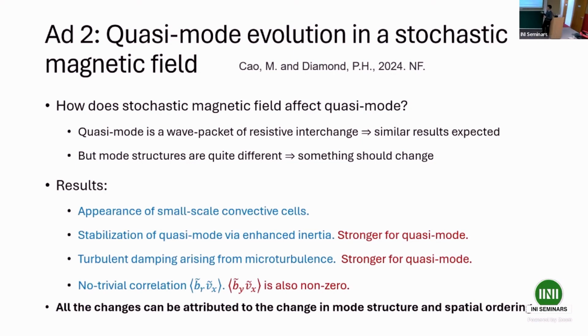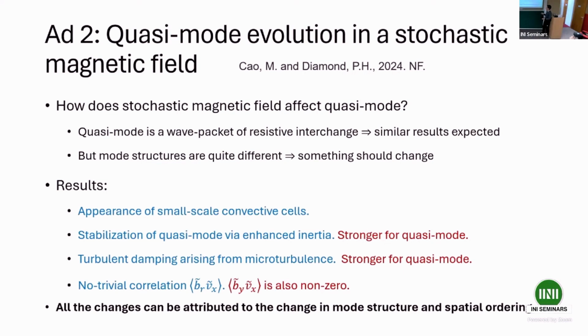Later I will discuss how the ballooning mode is related to the quasi-mode. Since the quasi-mode is just a wave packet of the resistive interchange, we can expect similar results because it's just a linear superposition of the resistive interchange. However, since there's a change in the mode structure, we also expect something should change. Here are the main results. We still have the emergence of small scale convective cells.